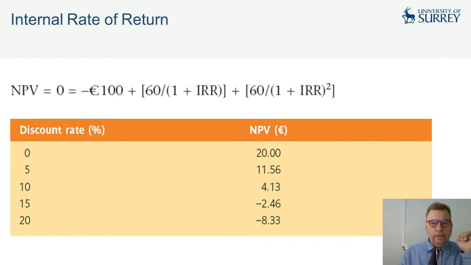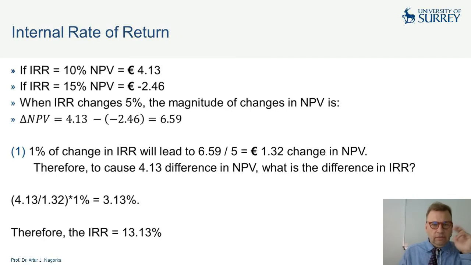So, now we will have a close look, again, step by step. At 10% NPV is 4.13.